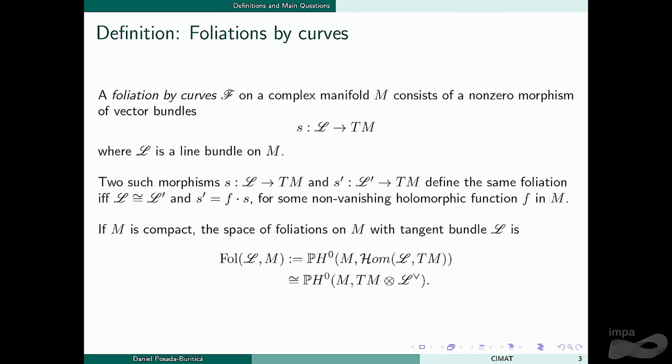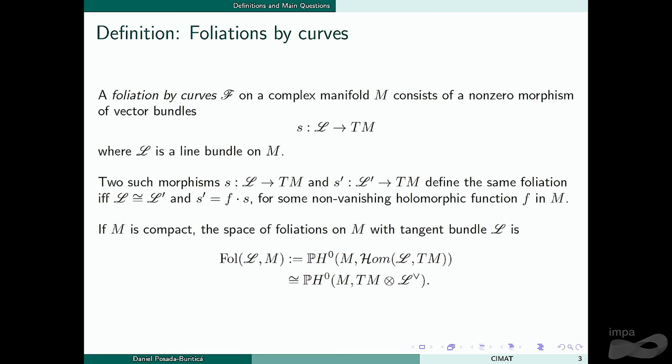Okay, let me start with the definition of the concept of foliation by curves. Given a complex manifold M, for us, a foliation by curves on M is a non-zero morphism from a line bundle on the complex manifold to the tangent bundle of the complex manifold.